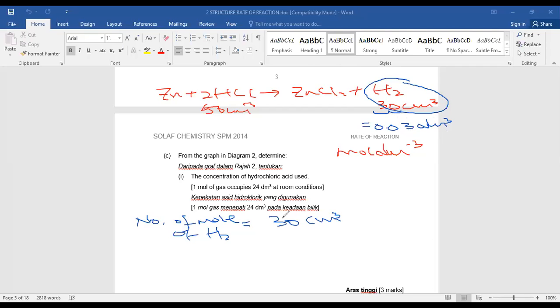Okay, so here we should change to become 0.03 decimeter cube divided by 24 decimeter cube per mole.